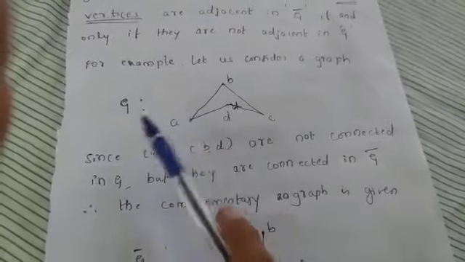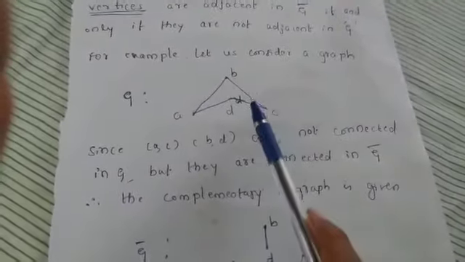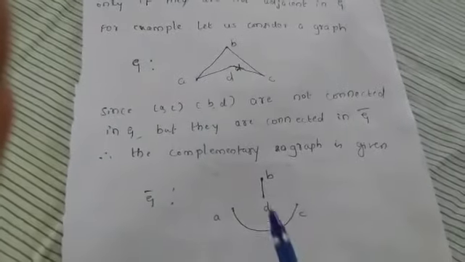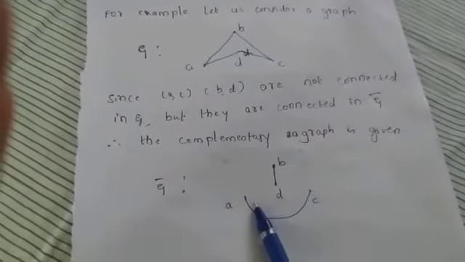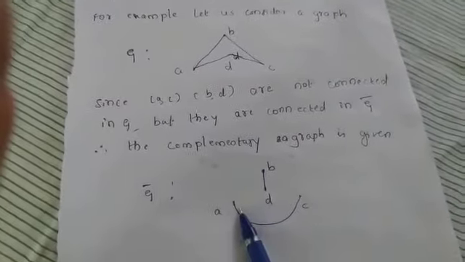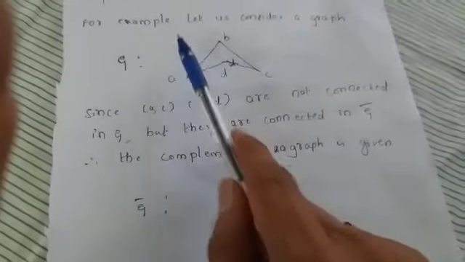A and D are connected in G, A and D are not connected in G bar, and so on. And G bar is given by this graph. Here, A and B are connected in G, but they are not connected in this graph. The only edges are between A and C as well as B and D. So this is called the complementary graph of graph G.